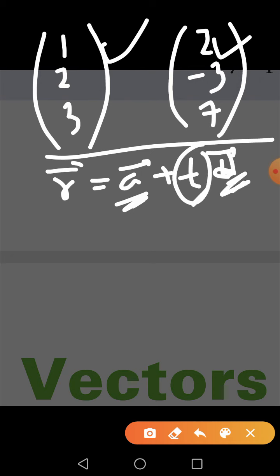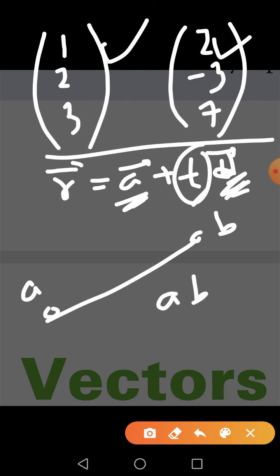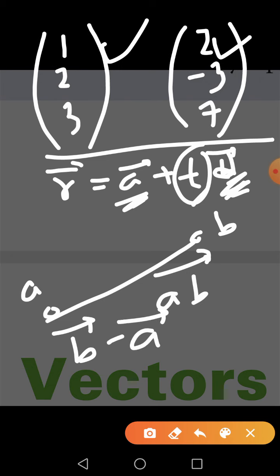D is the direction vector. Suppose this point is A, this point is B. Now if you want to go from A to B, then you have to find B minus A.